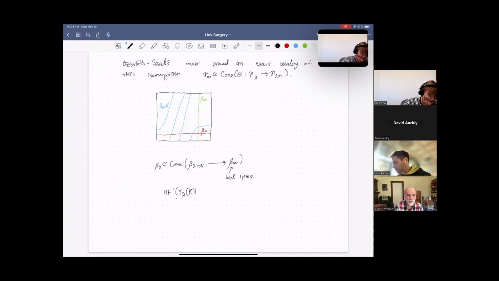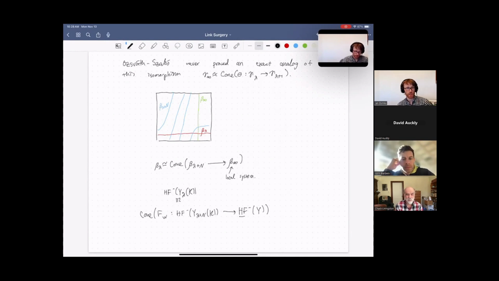is isomorphic to the cone of some sort of cobordism map from HF minus of Y lambda plus n of K to HF minus of some sort of twisted version of Y, for some cobordism map.